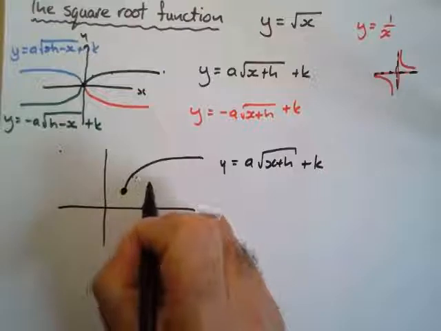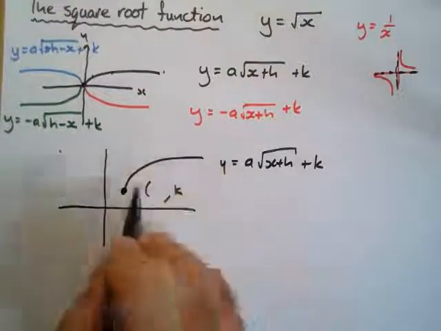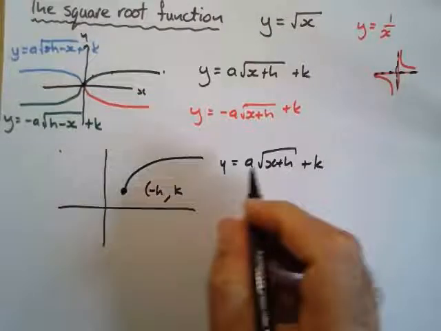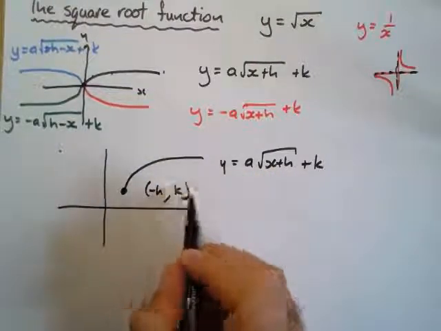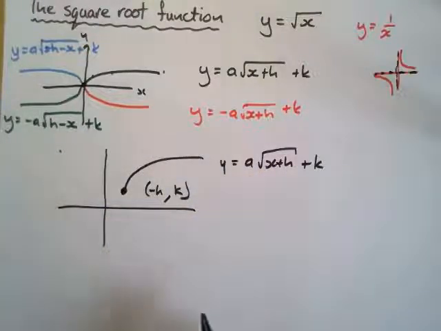So the y value will be k, and my h value is how much x moved, and that will be minus h. If that's plus h, this will be minus h, and if this is negative h, then this will be positive h, as I've explained in all the other videos.